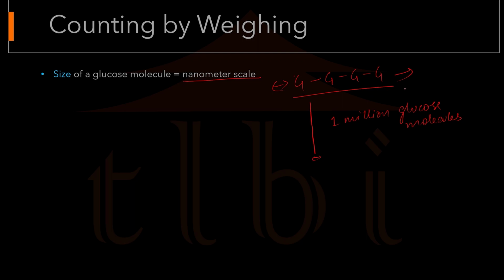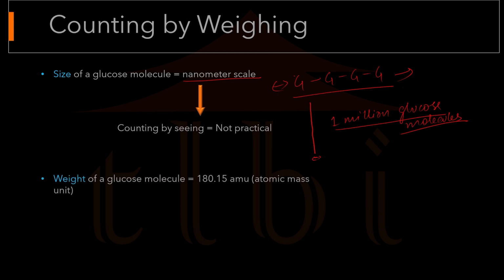That itself tells you how small a molecule is, right? So obviously counting by seeing is not practical. So how about we weigh one, like we did for the blue balls, and then how about that?